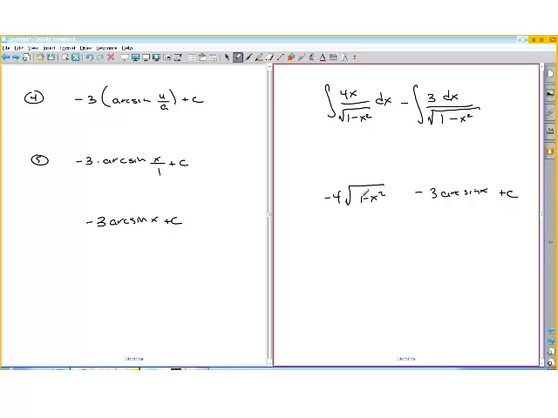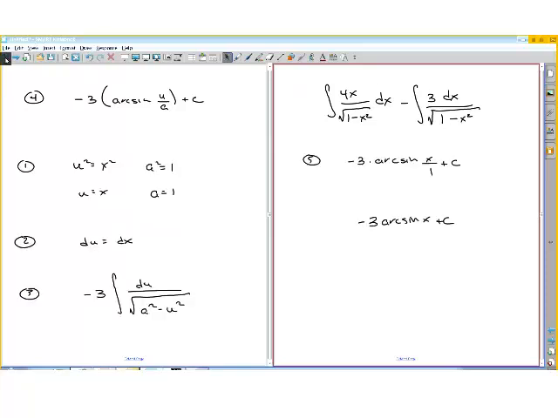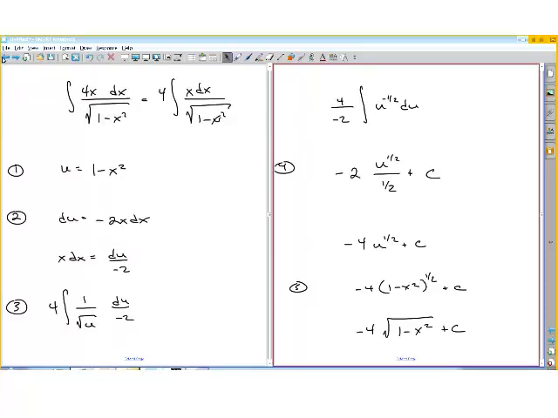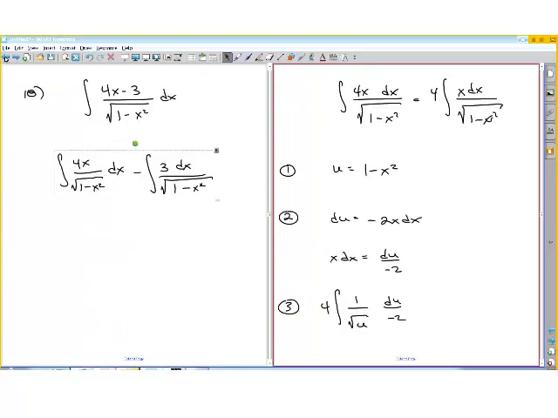So let me just check my answer, which is problem number 18. Negative 4 square root of 1 minus x squared. They have plus sine. Oh, did I write something wrong down here? No, I just wrote the problem down wrong.